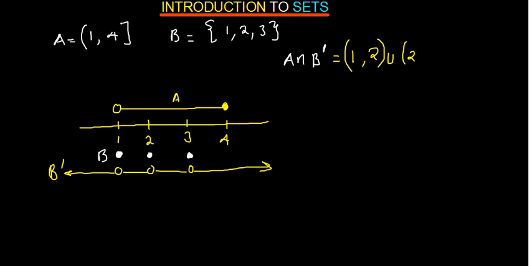You can see these elements between 2 and 3 are in both sets. But 3 also is not going to be in both sets. Why? It is only in A, but it is not in B complement. So I write 3. I again close. And then from 3 we'll still continue up to 4, but 4 is going to be part of both sets. So 4 I'm going to use closed. Why? Because it is in A, it is also in B complement. So this is going to be the set A intersection B complement.